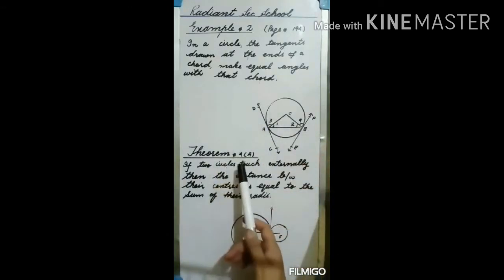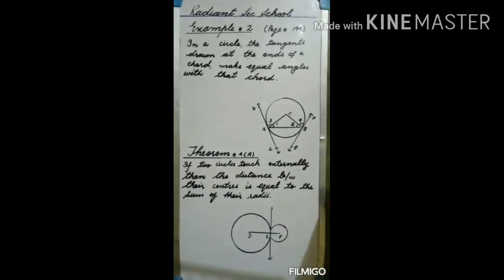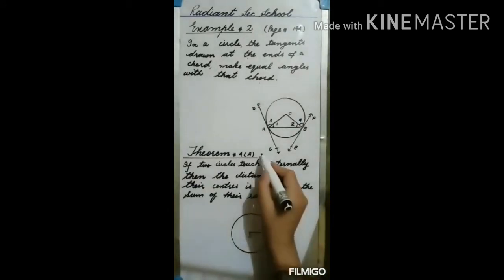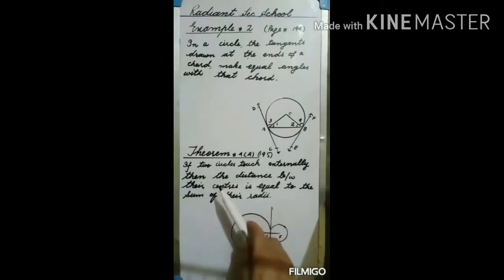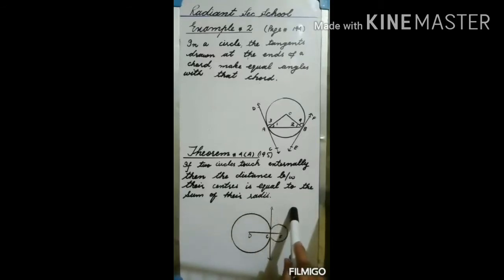Now theorem number 4 A, page number 195. If two circles touch externally, then the distance between the centers is equal to the sum of their radii. Here we have two circles and both of these circles are touching each other externally.